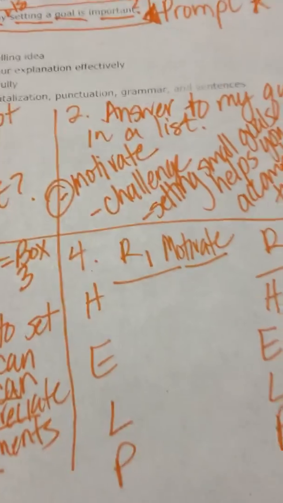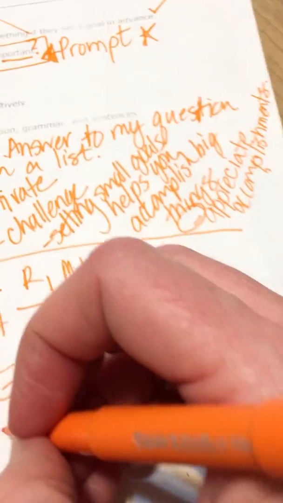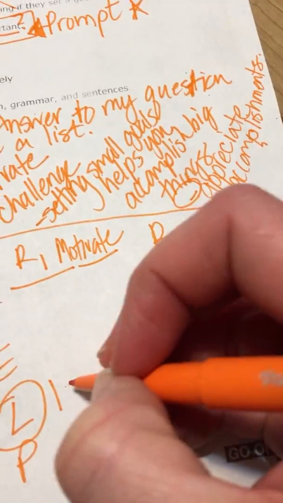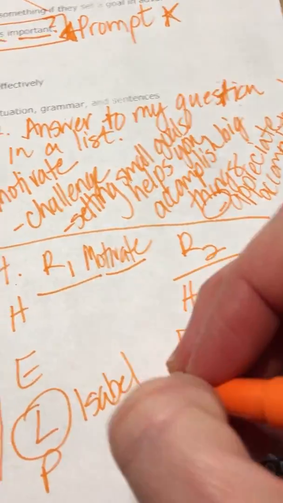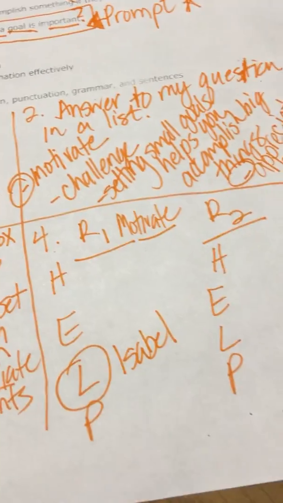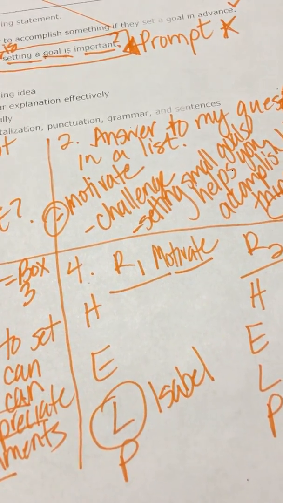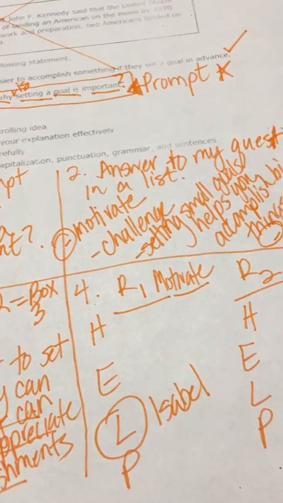Okay, so for this example, I think that I'm going to use literature, and I'm going to use Isabel from Refugee, okay? Because she was very motivated by her goal to reach Florida, leaving Cuba.